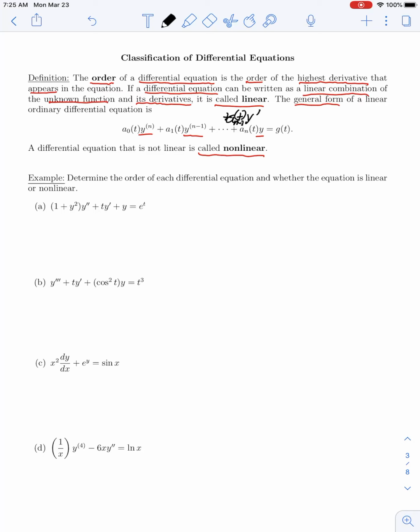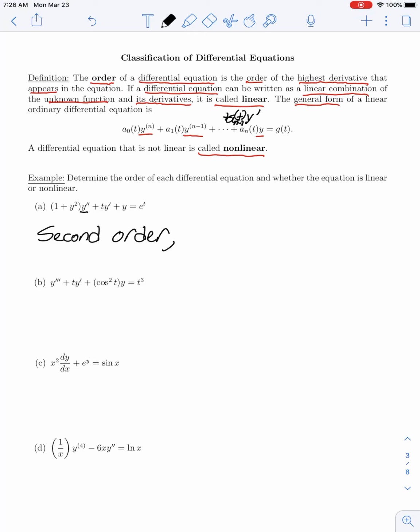So in this first example, part A, we will start with the easy classification of order, and we see that our differential equation involves y prime, and y double prime, which is the highest derivative that appears. So the second derivative was the highest derivative, which means that our differential equation would be second order.